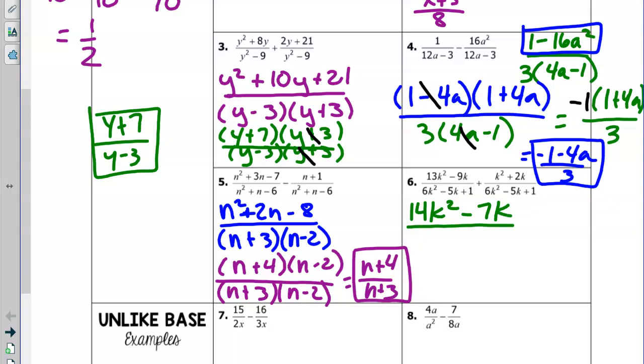Alright, we can go ahead and factor the bottom. So we have 6k squared minus 5k plus 1. We can do the slip and slide. Now what do I do?